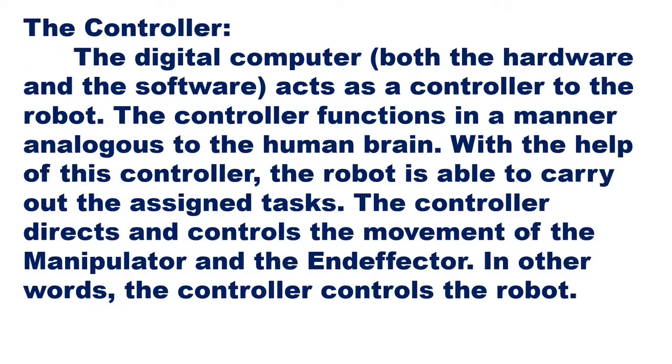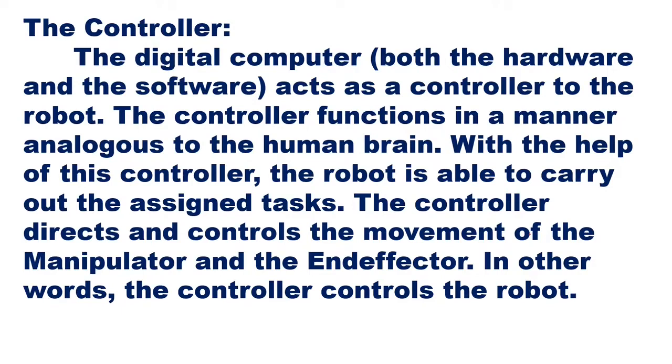So here you can see the definition of a controller. A controller, that is the digital computer, which contains both the hardware and the software, acts as a controller to the robot. A controller functions in a manner which is the same as the human brain.